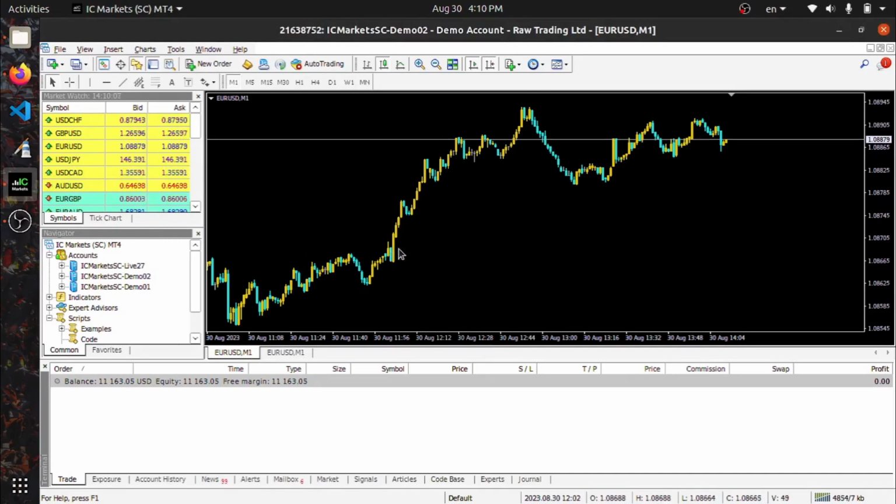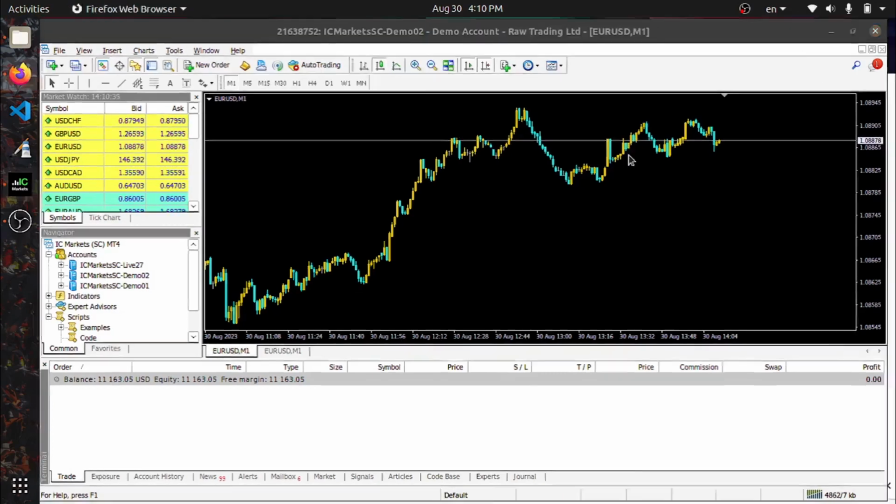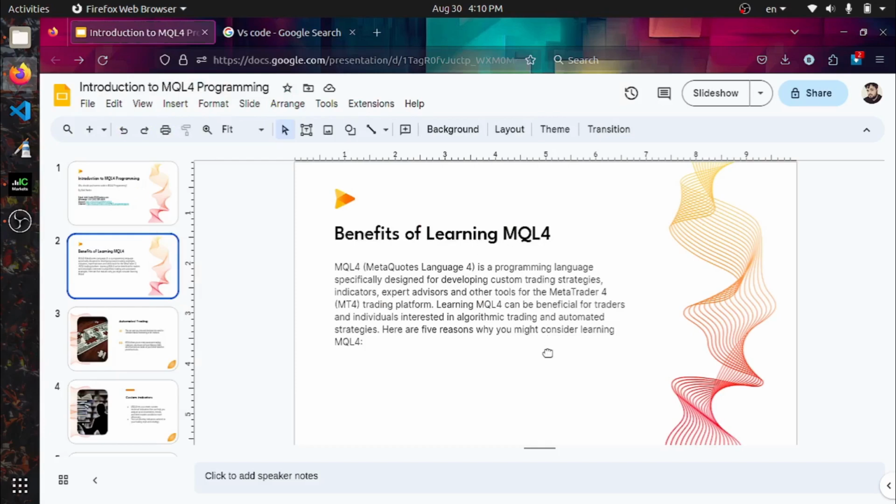You can tell it exactly what to do: when to open a trade, when to close a trade, when to modify a trade, when to increase your lot size, and how to display information on your chart.